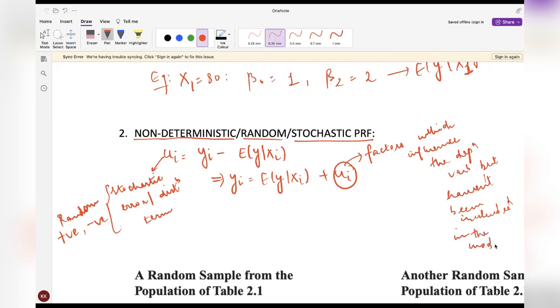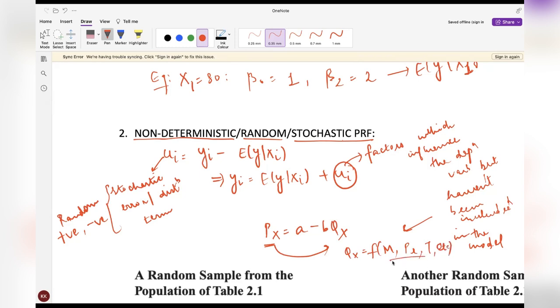So what does this mean? Let's understand this with the help of an example. Again, in the law of demand, when we talk about the inverse law of demand function, we have A minus B of Qx. So in this case, we are only looking at the impact of price on quantity demanded. But we know that quantity demanded is actually a function of many other factors, like it is also influenced by income, price of related goods, taste and preferences, and so on and so forth.